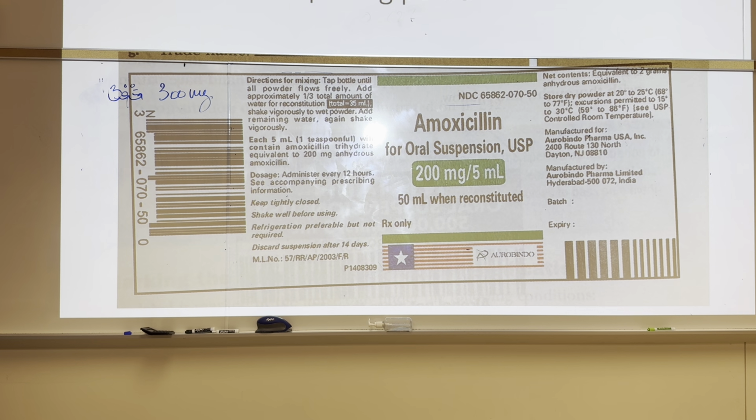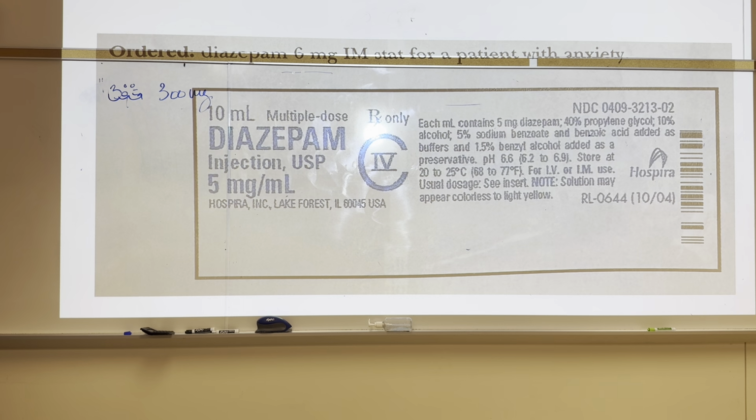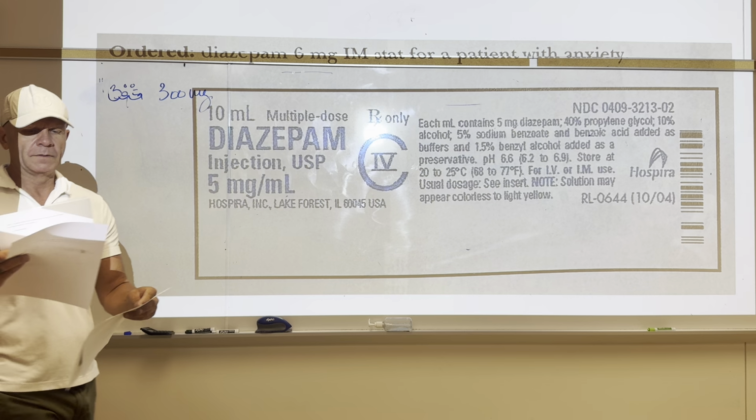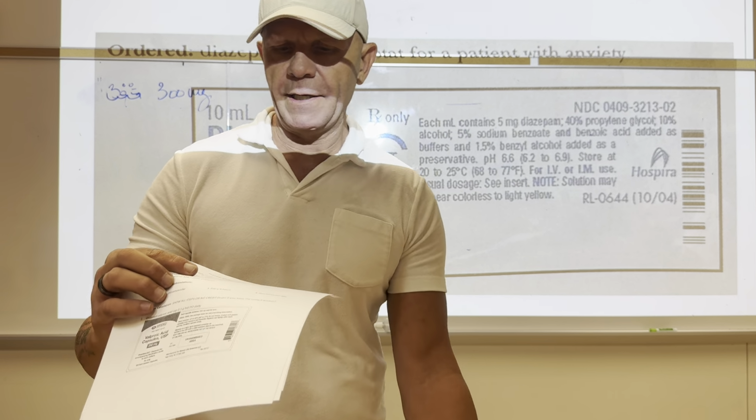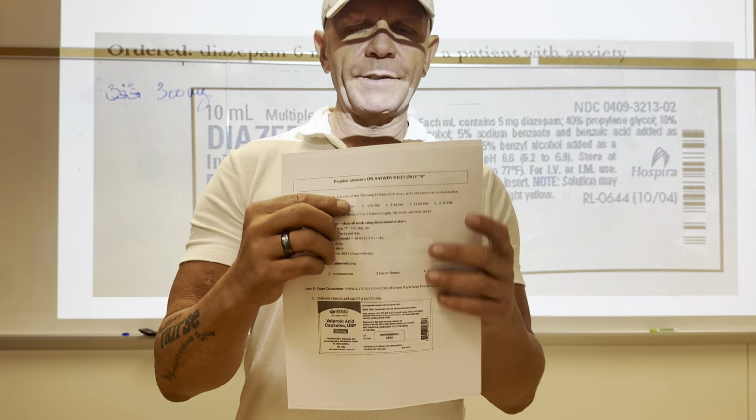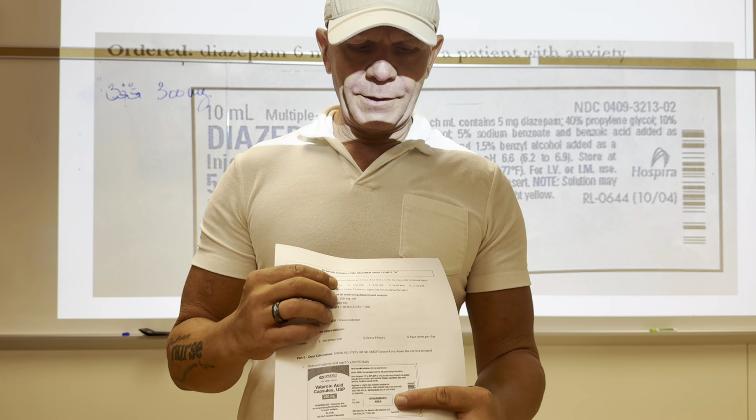Now, to be clear, let's clear this up one more time. All right? So everybody knows what's going on. And I'll have practice sheets for you guys when you come in. Okay? Now remember, this sheet here that says provide answers on answer sheet only.